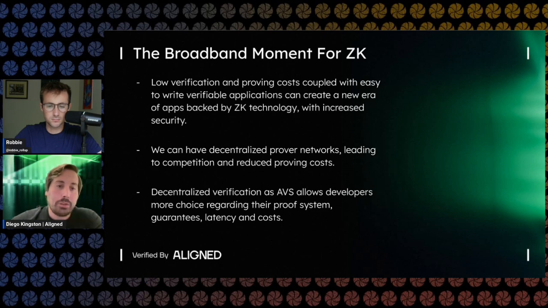If you remove the main barrier to using these applications, because you want them to run on chain, then you have to tackle verification costs. If this is really low, then the cost of adding ZK to any application becomes negligible.